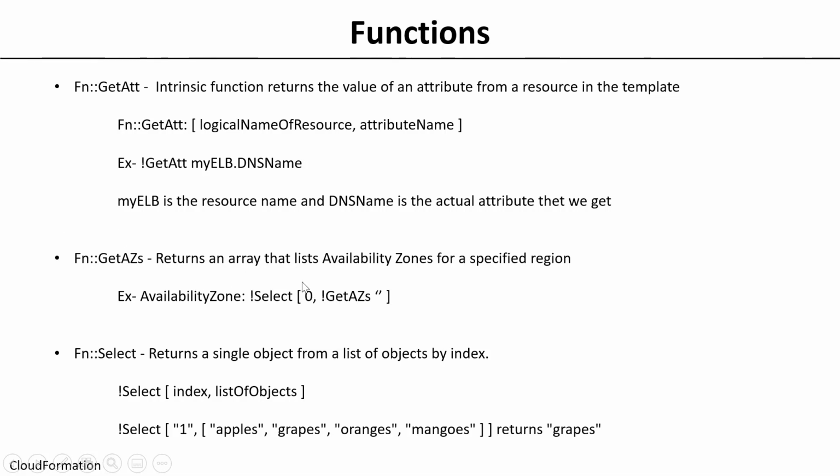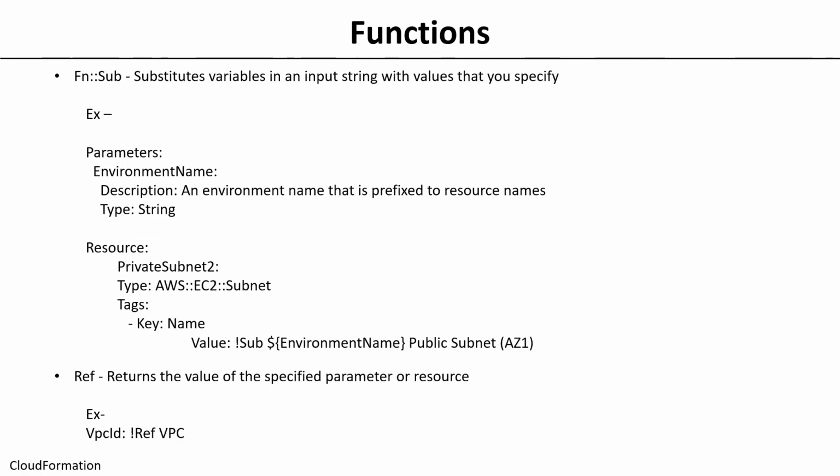That's how you assign. Okay, and the same Select, so you have an option here. So if I have apples, grapes, oranges, and mangoes, and if I say Select of 1, it is nothing but grapes. So this is 0, this is 1, this is 2, and this is 3. Okay, so this is the same as the arrays and the function concept that we had learned in C.